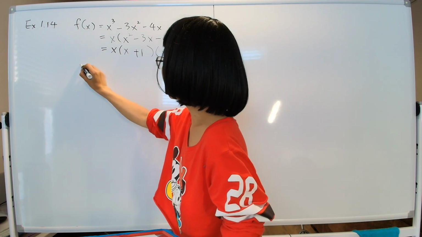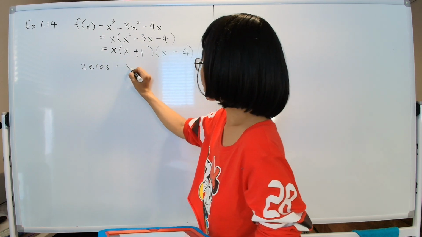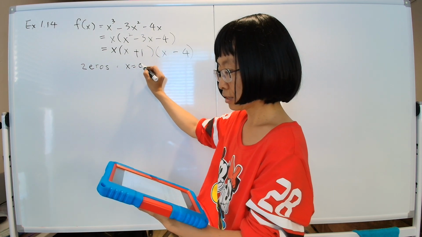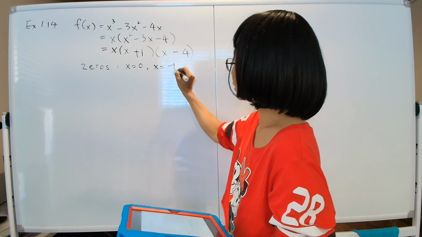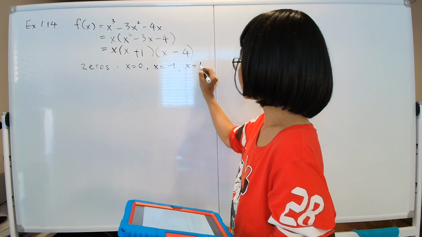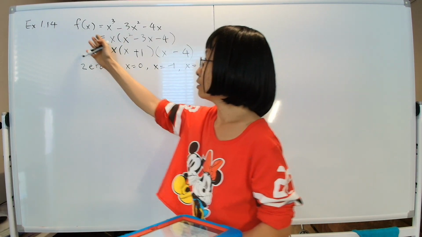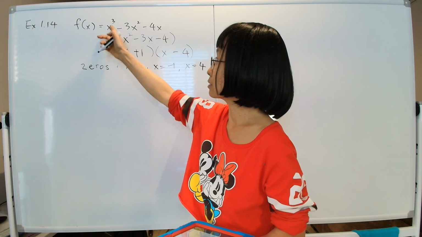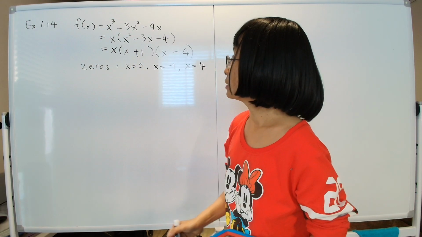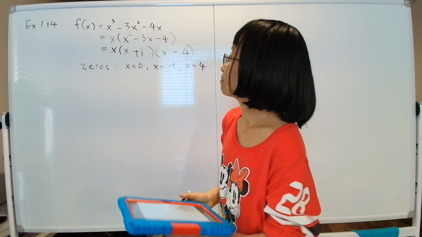So the zeros are x equal to 0, then x equal to -1, and then x equal to 4. Those are your 3 zeros, and it only has 3 zeros because for any polynomial, the number of zeros it has is exactly its highest power, called the degree.